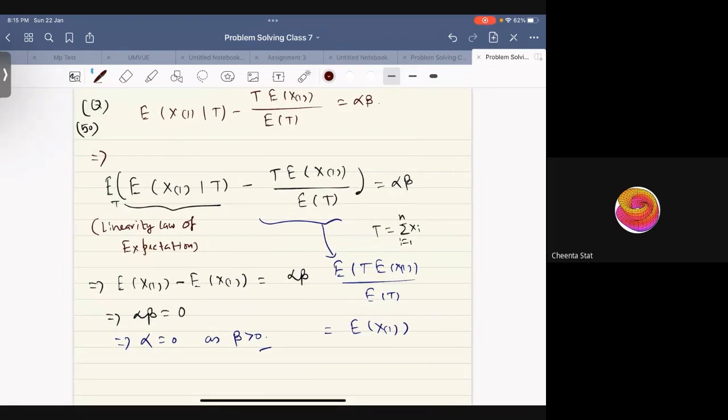Have you all heard about Basu's theorem? Anyone can say? Yeah, Basu's theorem, you know, right? Do you know about the ancillary statistic? Yes, Bhaiya. Right. Do you know about the first order ancillary? Anyone?